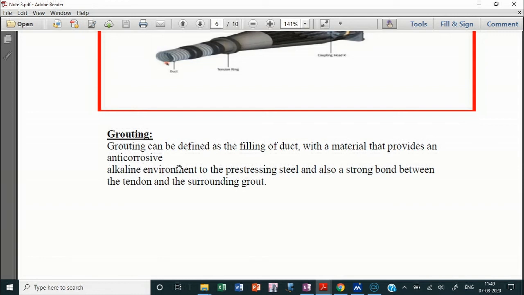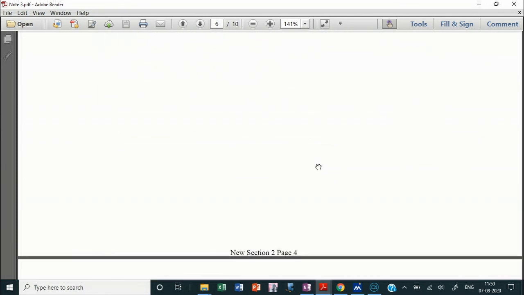This can be, as I said earlier, a simple mixture of sand and cement, or simply cement, or sometimes sand, cement and polymers, so that it could provide a proper bond between the tendons and the surrounding grout and the adjacent concrete. So it is very important to do the grouting operations.